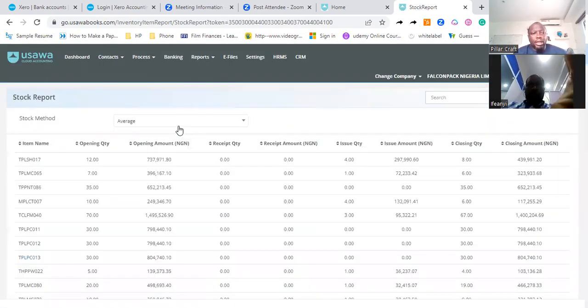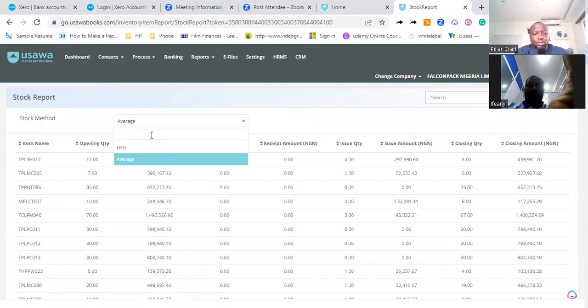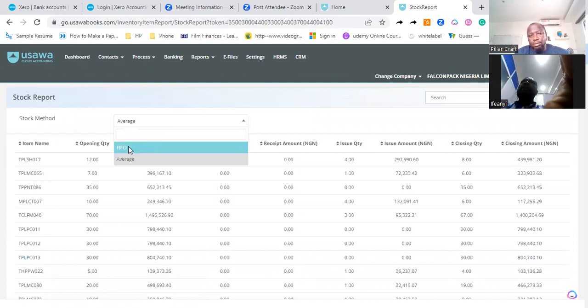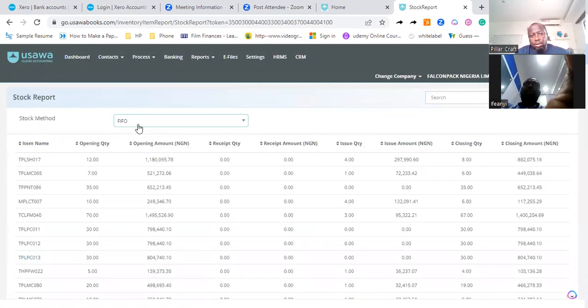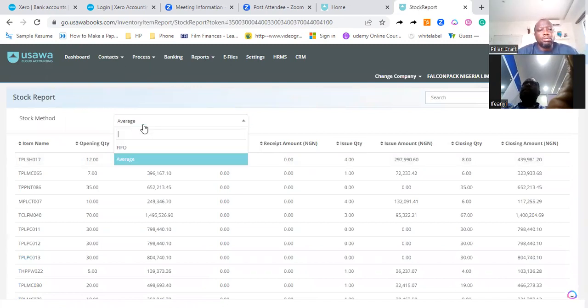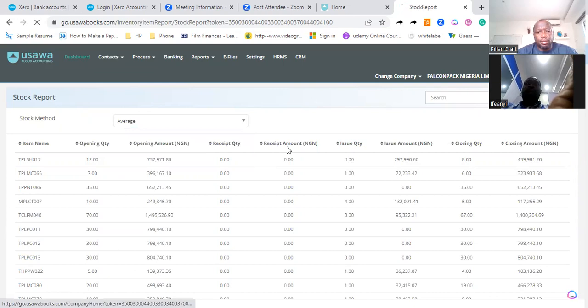Now you can see under here, you can actually decide if you want it to be FIFO or average. Okay, under the stock reports. Yes, you can decide how you want it to be, FIFO or average. But it's in FIFO already. No, it's in average. Let me see. Were you the one that changed it?